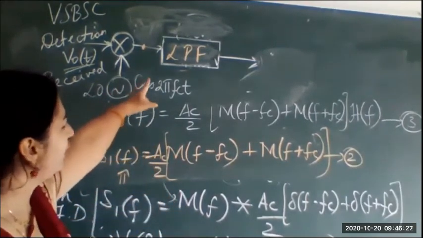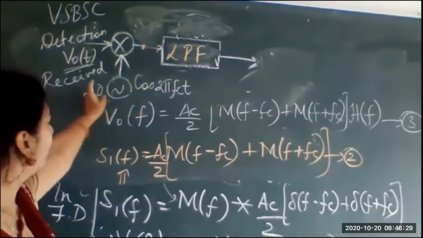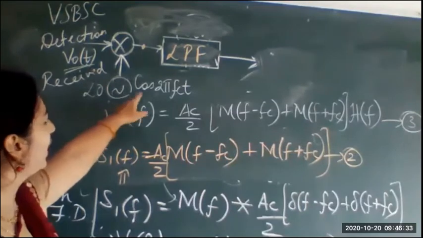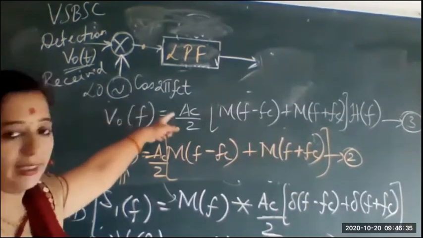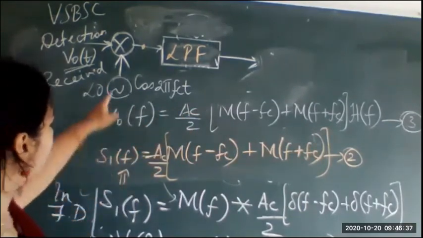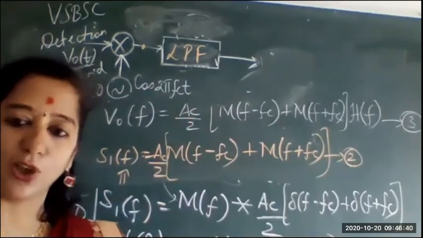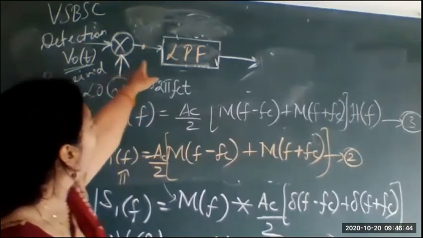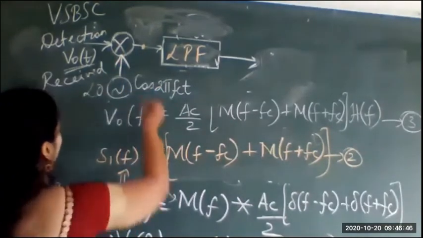So you should receive the signal V naught of t and multiply it with the locally generated carrier. If you want, you can consider some amplitude AC dash cos 2 pi fct or just consider cos 2 pi fct.